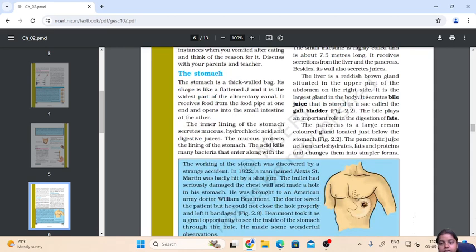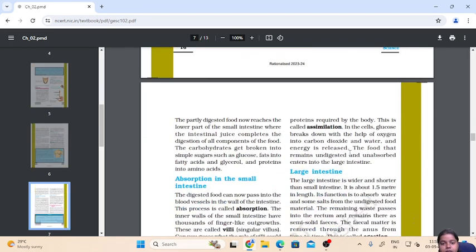Now the partly digested food. In the stomach, the food does not get completely digested, it gets partially digested. It reaches the lower part of the small intestine, where the intestinal juices also secrete some juices that complete the digestion.